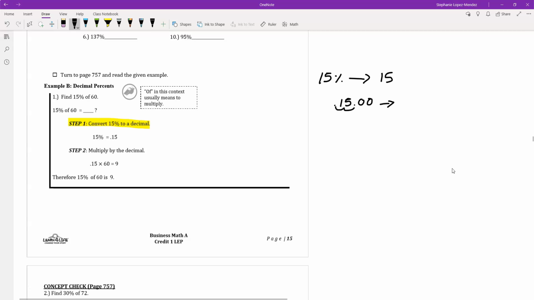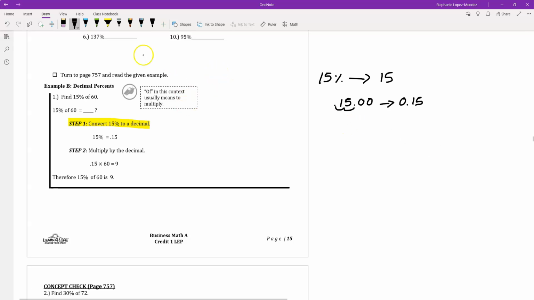Since it's a number before 100, I still need to add 0, then add my point, and I just write 15. Okay, so now we have a percent written in decimal.